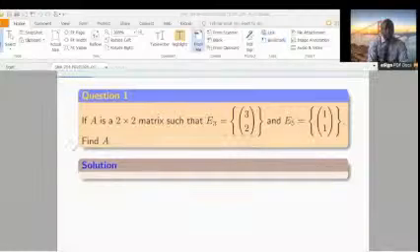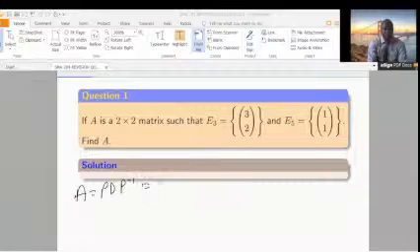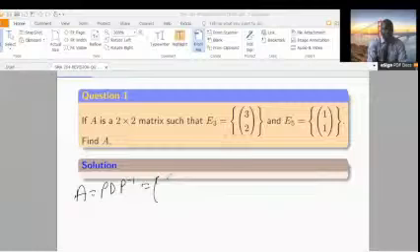So now, what is A? We had already said that A will be given by P, D, P inverse. But we already have P. P was formed by writing these eigenvectors in column form. So P is (3, 2) and (1, 1).